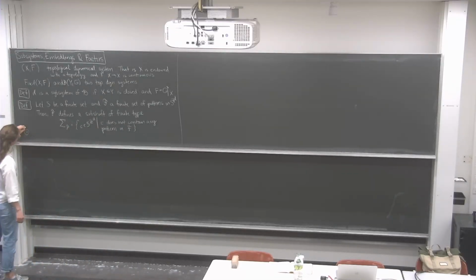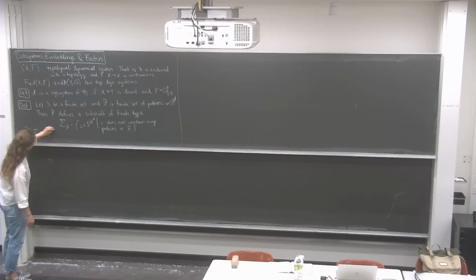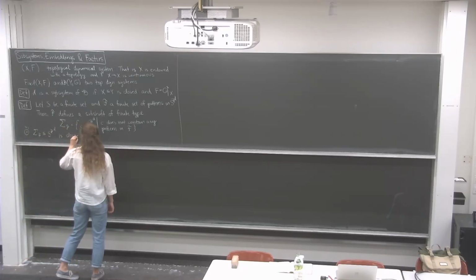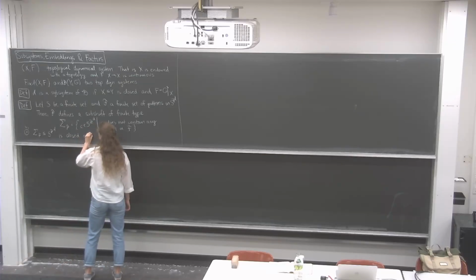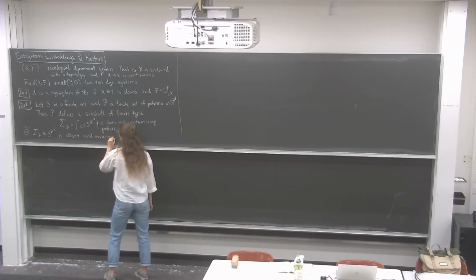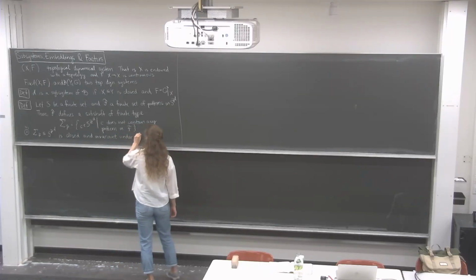So an observation that will be your exercise, or it is already instantiated in the exercise sheet: essentially, sigma F as a subset of S to the Z to the D is closed and invariant under all shifts.